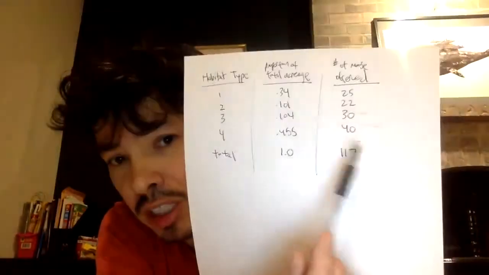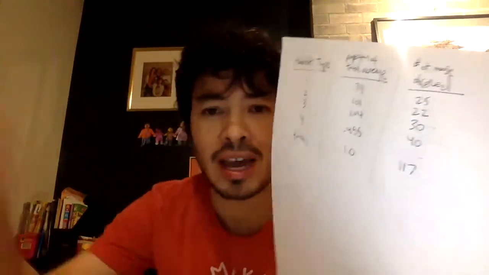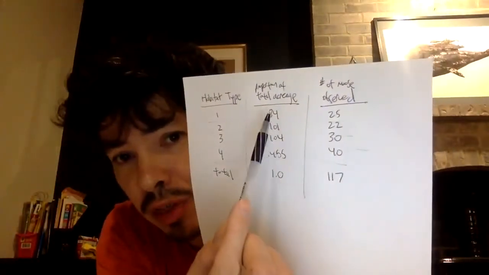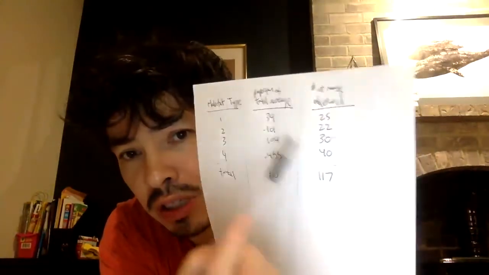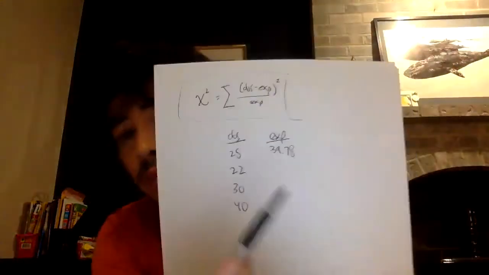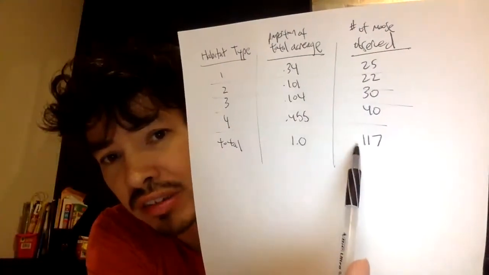If the moose had no preference and just spread out equally, we would expect 34% of the 117 to be in habitat 1. So 117 times 34% is 39.78. We observed 25 in habitat 1, but we would expect 39.78.